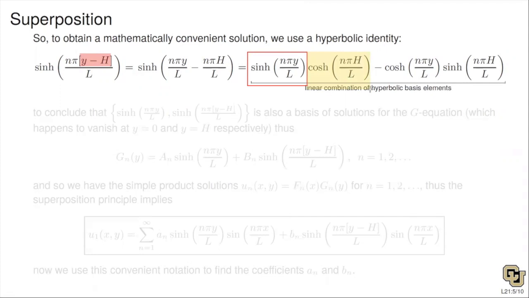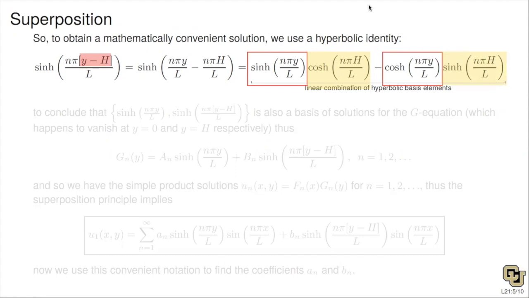because h is a constant, L is a constant, pi is a constant, n will be some number, it's our parameter. Minus, I have cosh n pi y over L, that's another basis element. Times, and here I have a sinh n pi h over L, that's a constant. Again, L, H, and pi are all constants, n's a parameter, n will be a number 1, 2, 3.